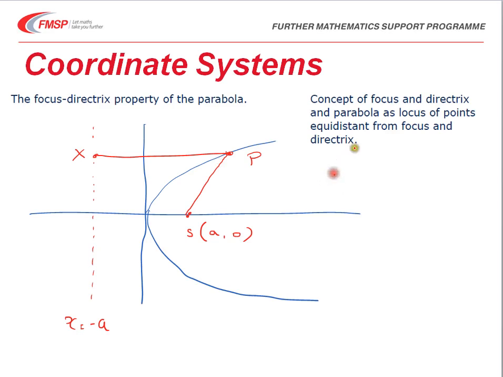This equidistant property is that PS is equal to PX. This will tie in with later modules, for FP2, where you look at more of the conic sections in a little bit more detail.